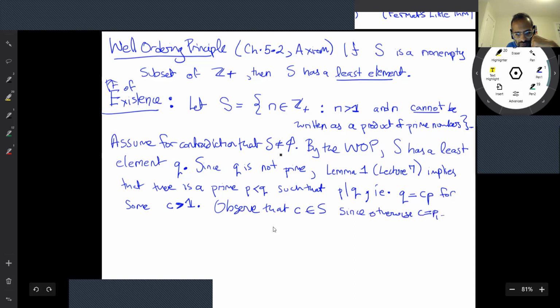C is equal to some P1 through Pk for some primes P1, P2, up to Pk.